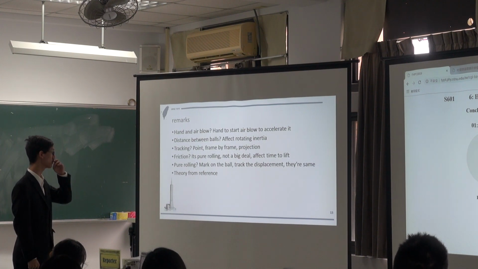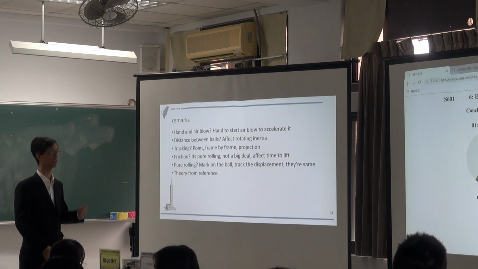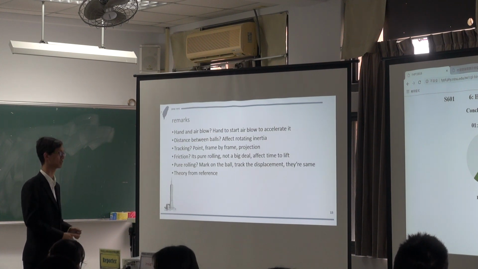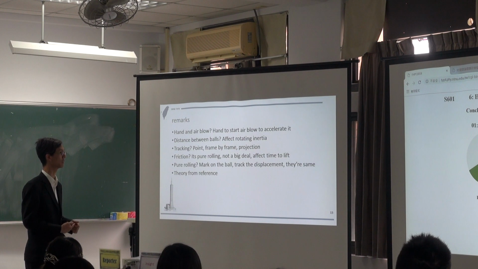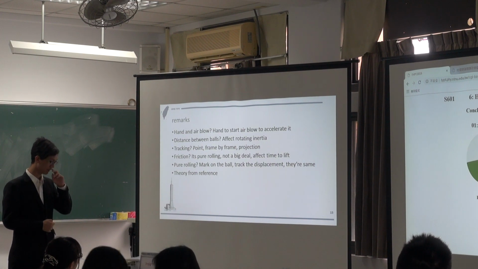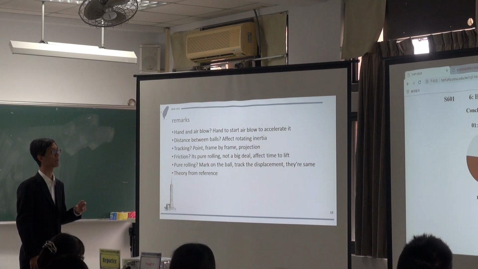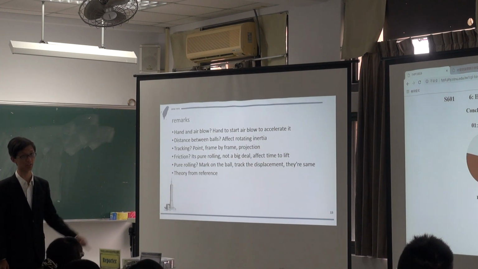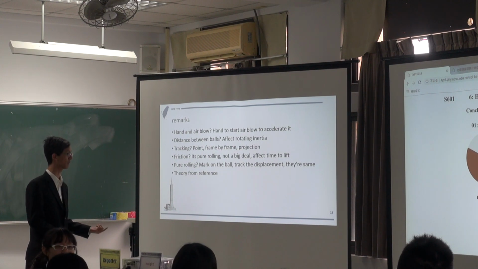And for the distance between balls that the opponent put out, it affects the rotating inertia, the I1 and I2, which are the axis on the top and the axis into the board. Those two rotating inertias are where it has an effect. And for our theory, most of the part where you can see there is calculation is what we did, but the start and the end is what we got from the reference.